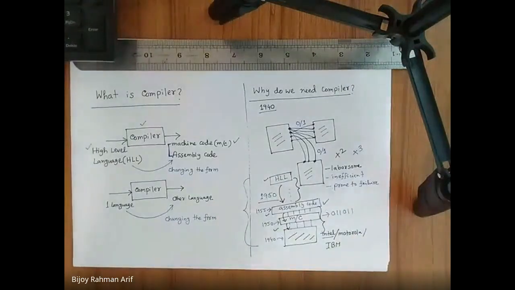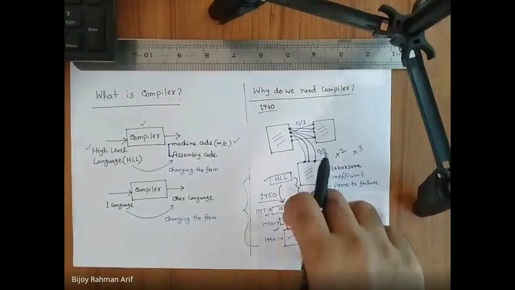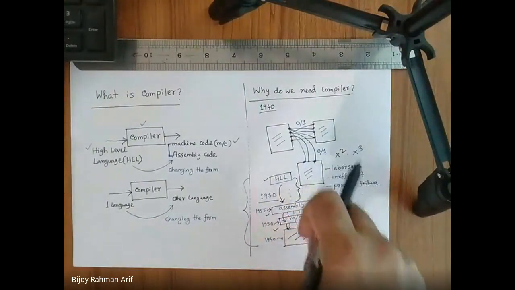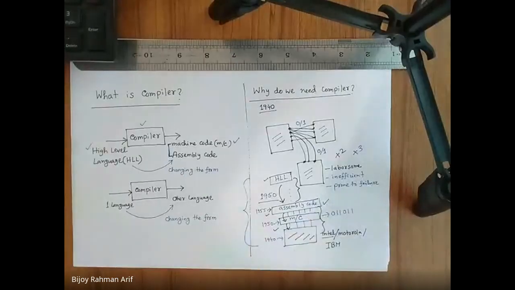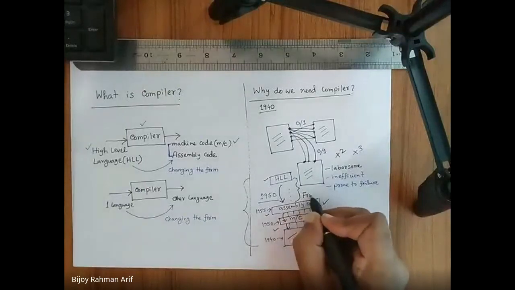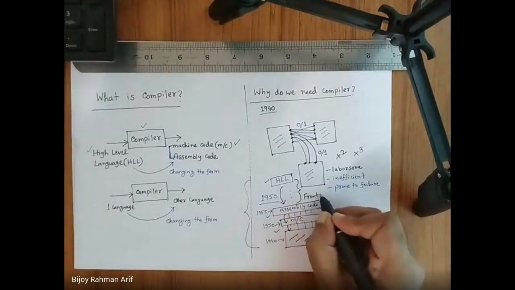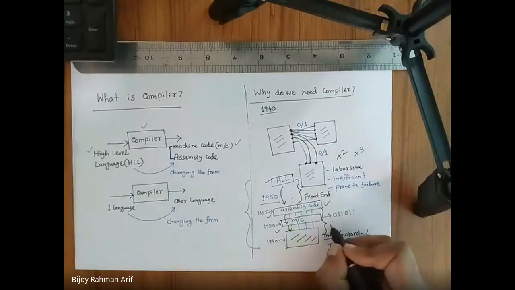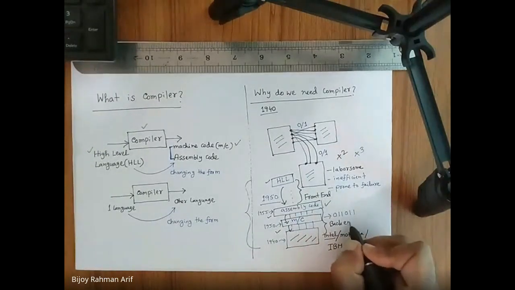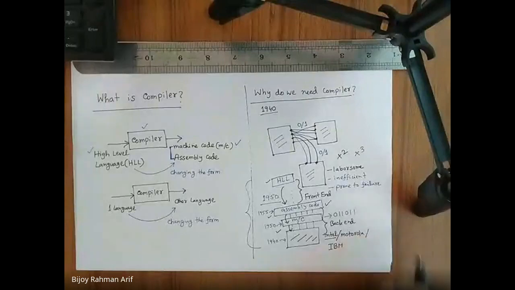Then the vendor has already given you the second part, the assembly code up to the machine code part. This part is called the front end, and this part is called the back end of the compiler. Okay? Is that clear to you, guys?